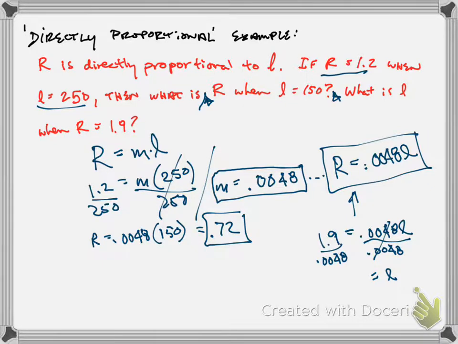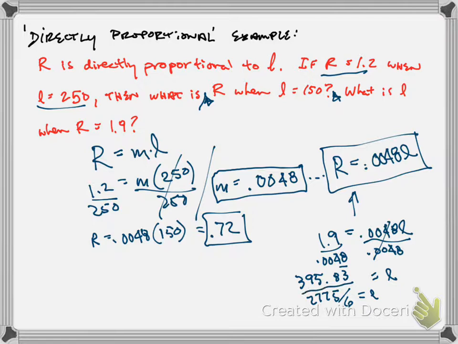395.83 repeating. Now, remember, you have a tool in your graphing calculator where you can convert that to an exact fraction. If I convert 395.83 repeating to an exact fraction, it is 2,375 over 6.